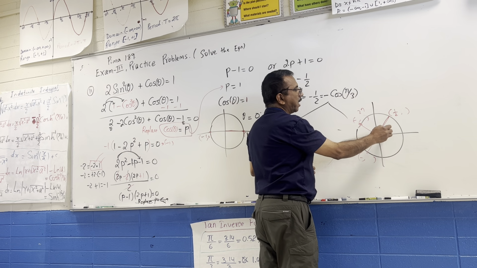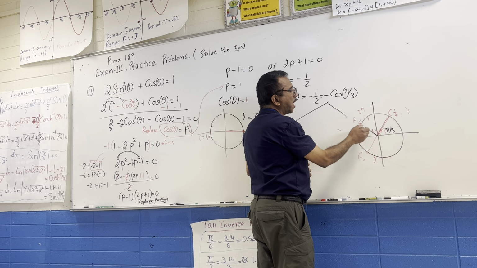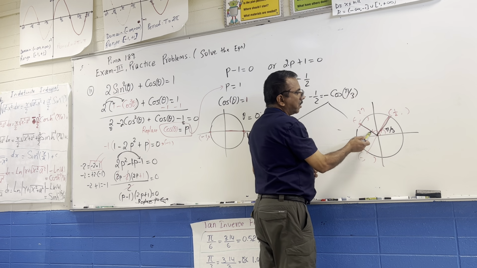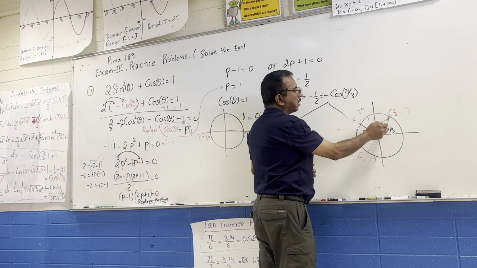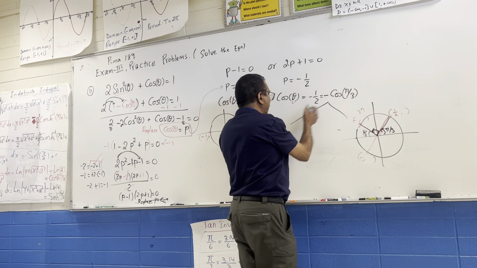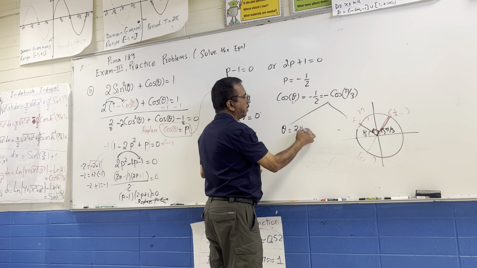Because this is pi by 3, and there are three pi by 3s in a semicircle, there is 1 pi by 3 and 2 pi by 3. So the first answer in the second quadrant is theta equals 2 pi by 3.